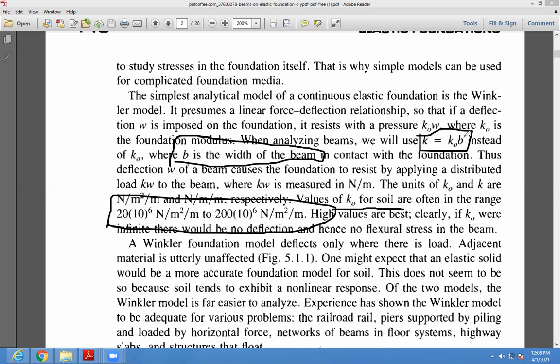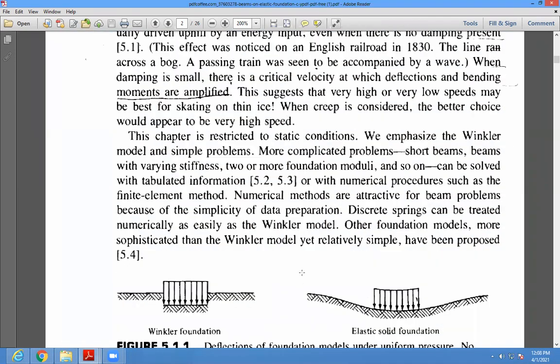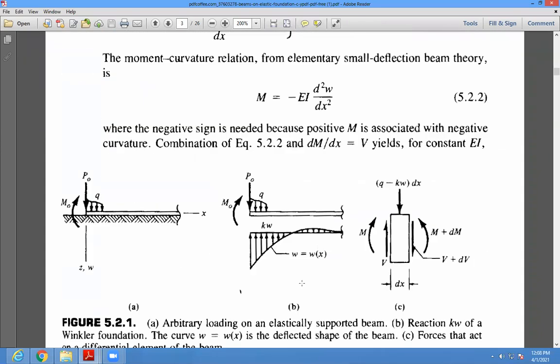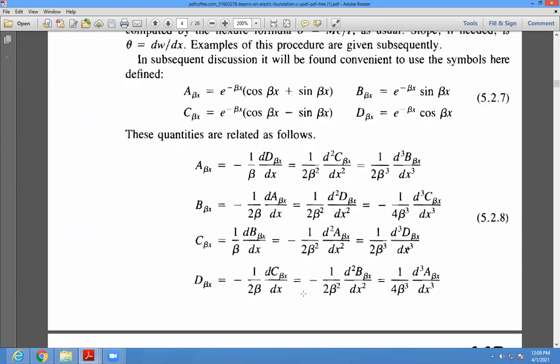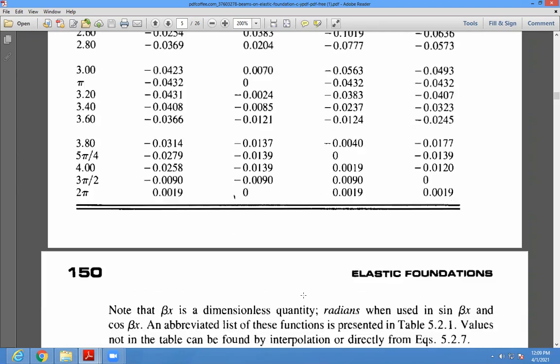B is nothing but it is a square, so it is 80 mm, that is 0.08 m. By using this condition, now we have to find out the constants.